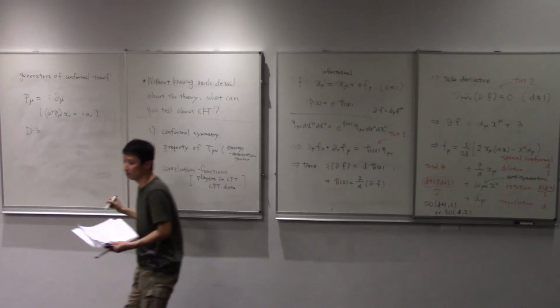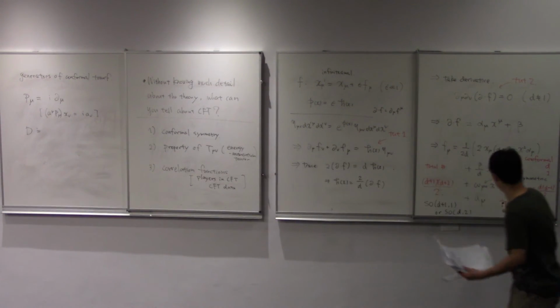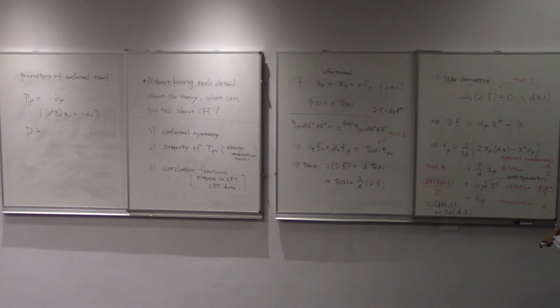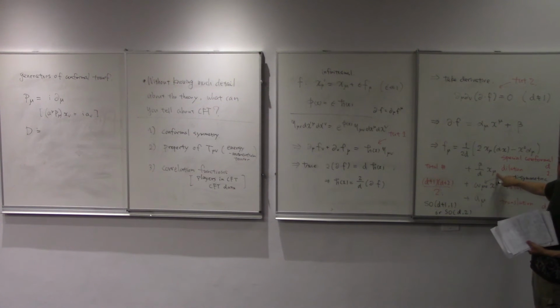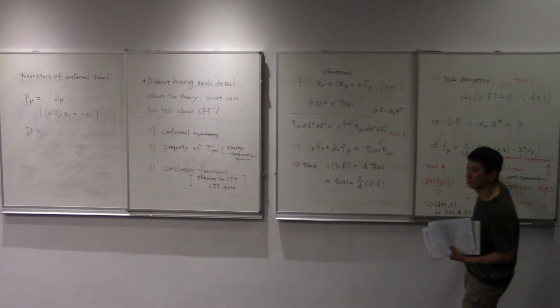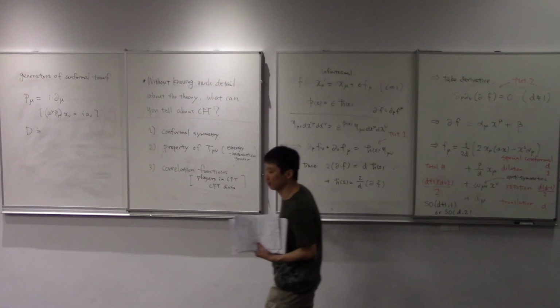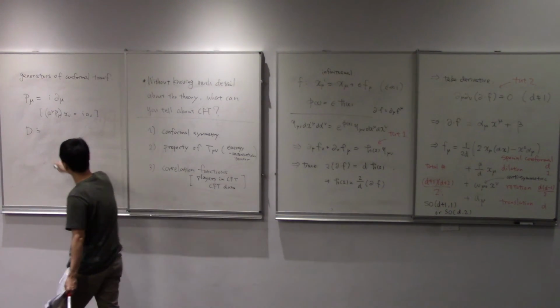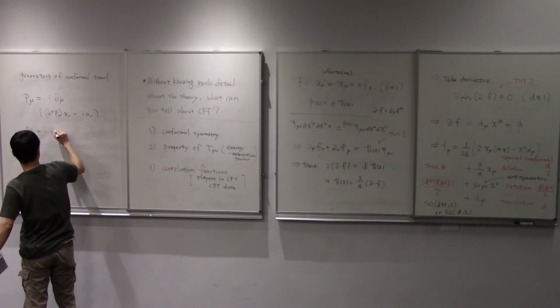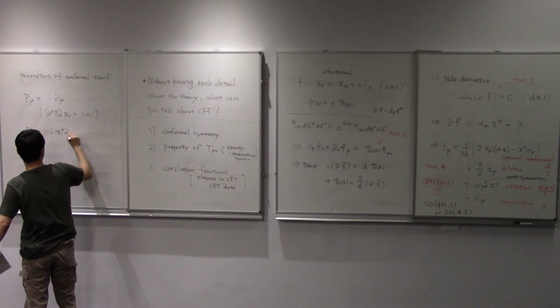Okay, dilatation. So the idea is, you have this transformation. Then if you put the derivative, it will give you the generator. And dilatation then. Okay, maybe this will give a hint.